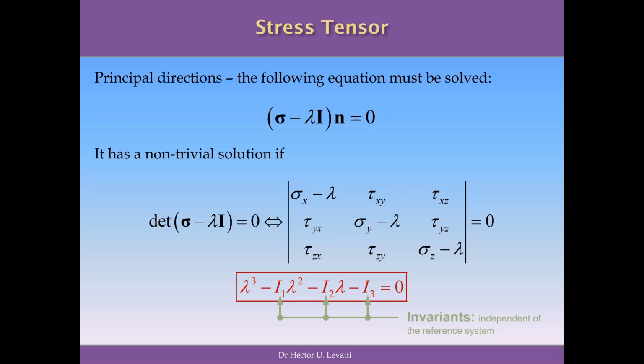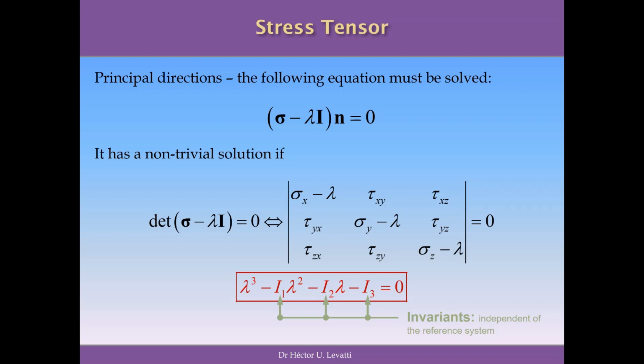A tensor is a mathematical entity that has properties as any mathematical entity, and one of the properties of this stress tensor that can be represented by a matrix is that the eigenvalues and eigenvectors of this entity represent the principal stresses in the case of the stress tensor and the principal directions.